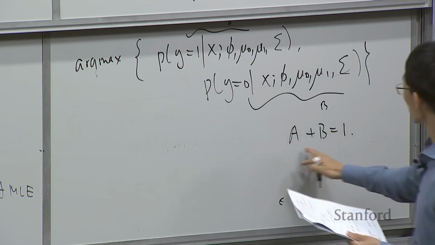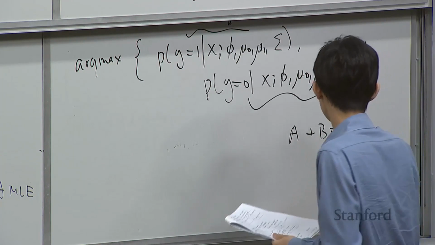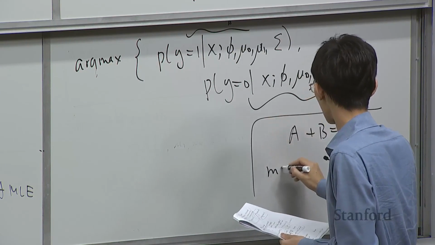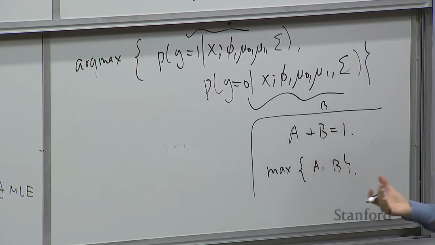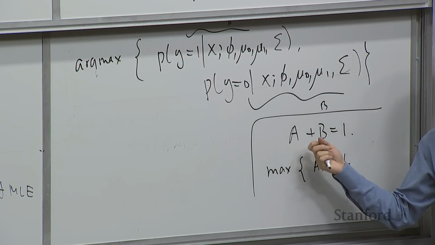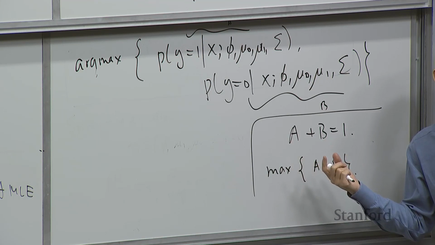So if you have A plus B equal to 1 and you are taking the max of A and B, what does this really mean? It really means that you are asking whether A is bigger than 0.5 or smaller than 0.5.